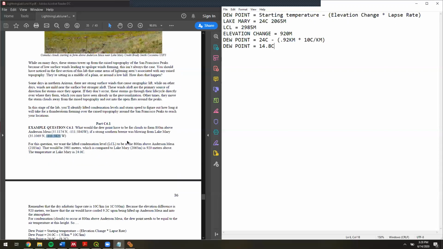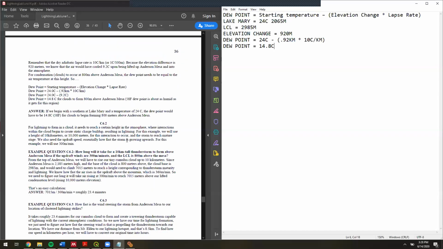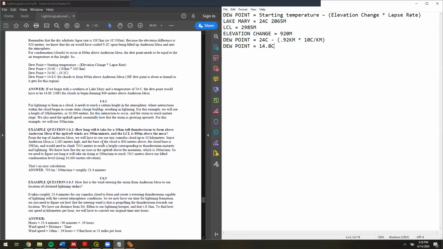Okay, so for question 6.2, we want to know how long it's going to take from our cloud base at 2,985 meters for the cloud to grow to a height of 10 kilometers.